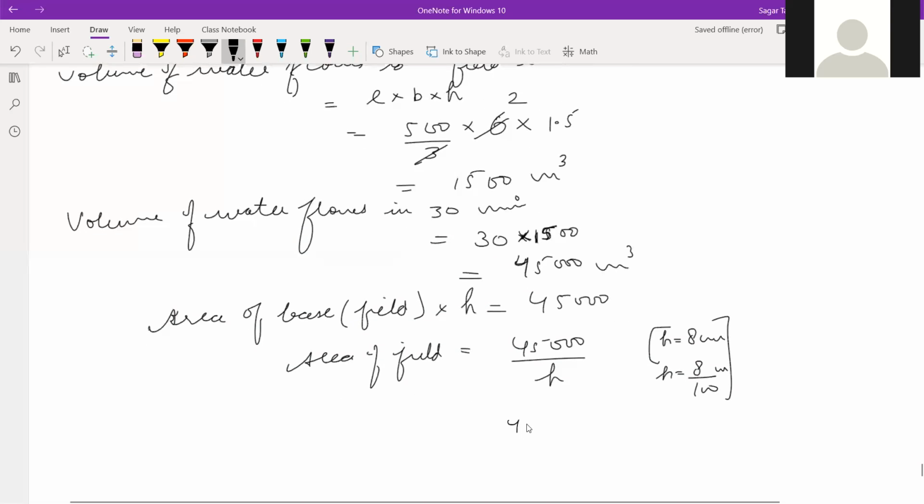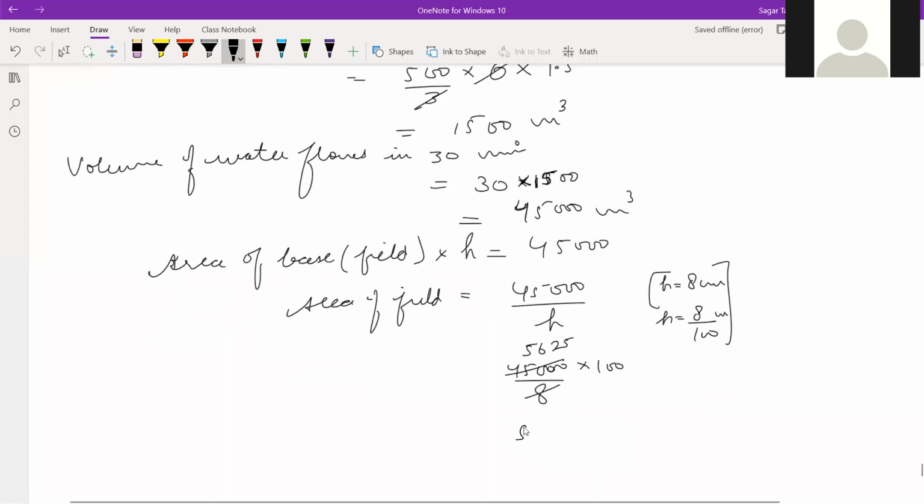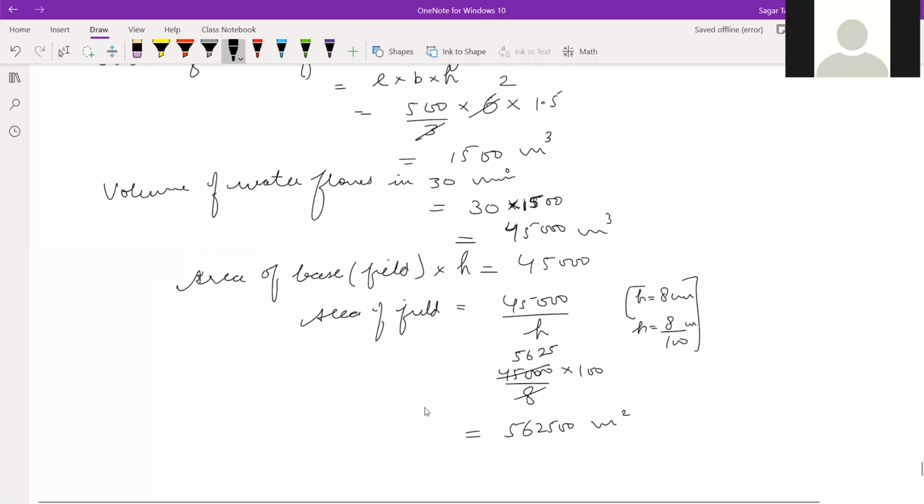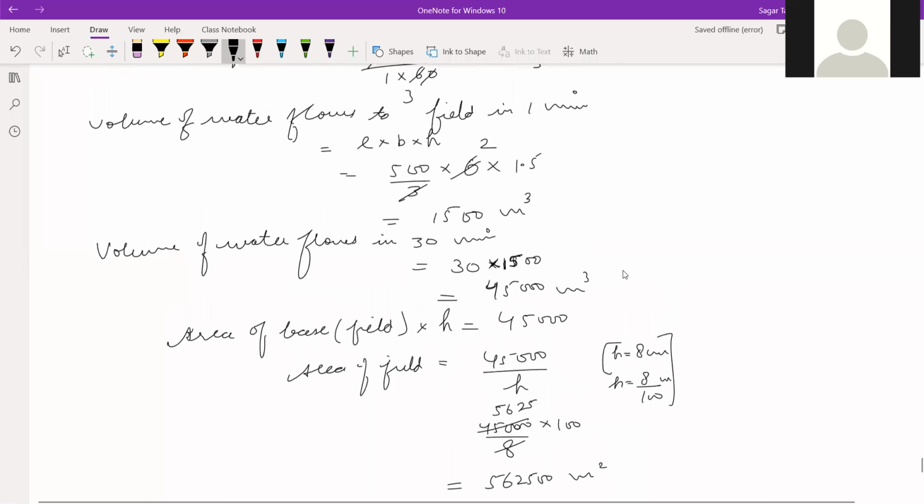So let us write 45,000 upon 8 by 100. Dividing, 5625 meter square is the area of the field that will be irrigated with that water of 45,000 meter cube.